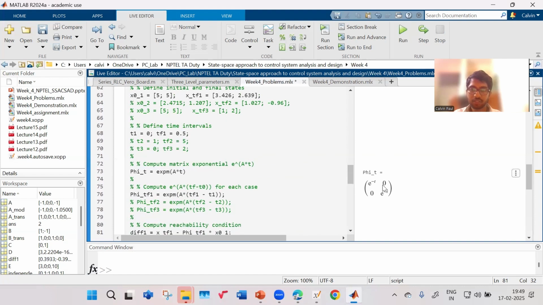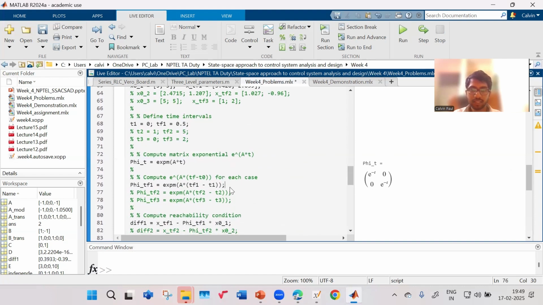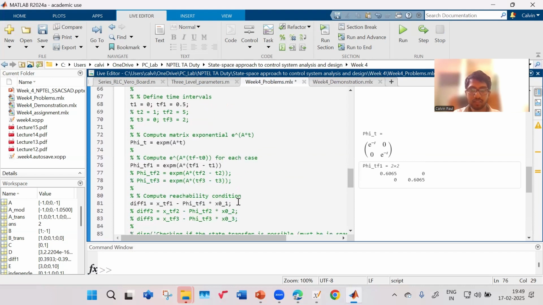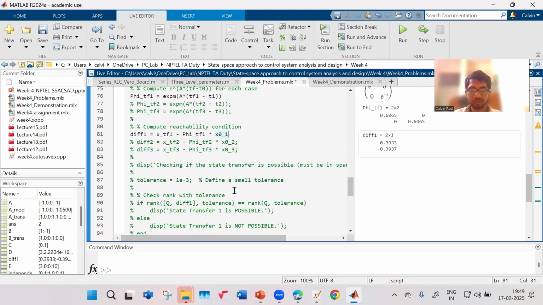This is the exponential matrix, right? And this phi TF1 is given by this, right? And what is the reachability condition? X TF1 minus phi times x01, right? So if you see this difference, it is 0.3933 minus 0.3937, right?